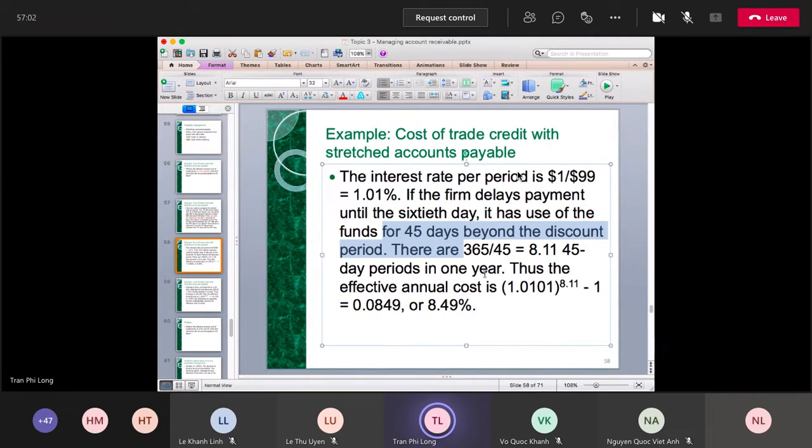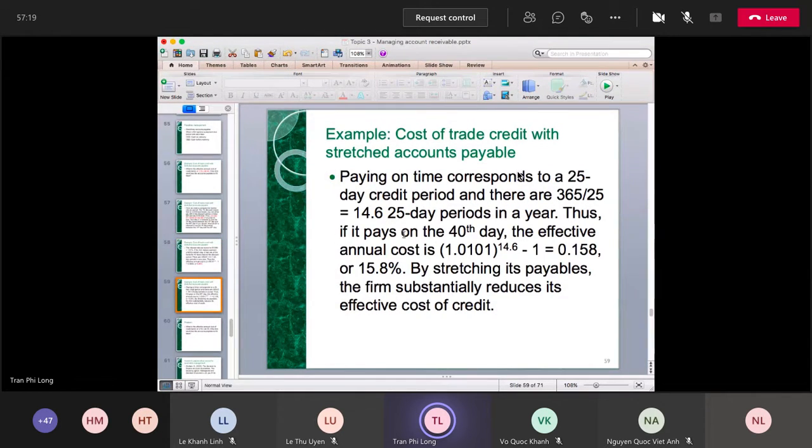So if you extend the payment period, the effective annual cost is just 8.49%. However, if you pay on time, the implicit cost of trade credit will be 15.8%.